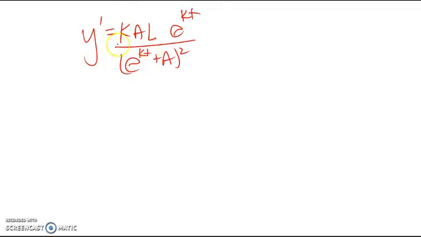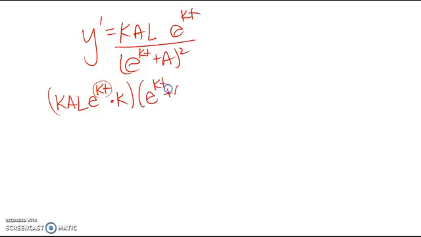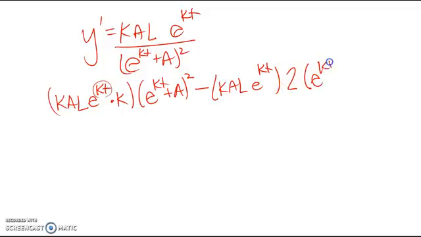The derivative of the top: K, A, L are constants, and the derivative of e to the kt is just k, times the bottom, e to the kt plus A, squared, minus the top, KAL e to the kt, times the derivative of the bottom, which is 2 times e to the kt plus A, times the derivative of that inside, which is e to the kt times k.